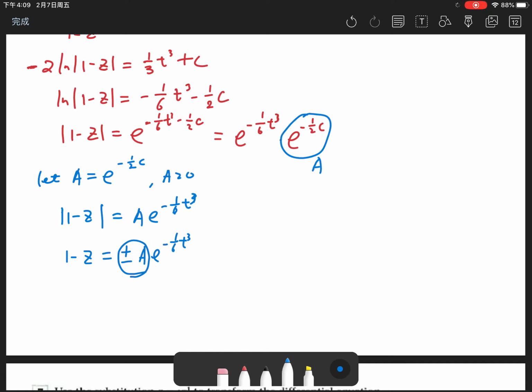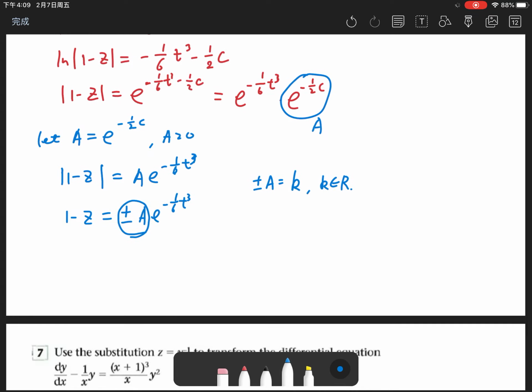We can replace the constant plus or minus a by a constant k, which means k can be any real number. So it becomes 1 minus z equals k times e to the power of negative 1 over 6 t to the power of 3.